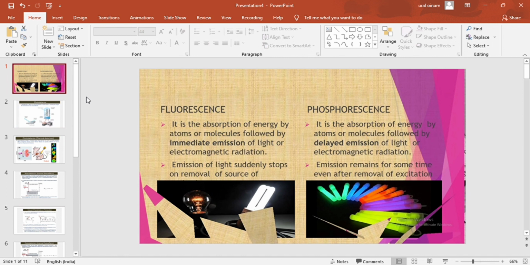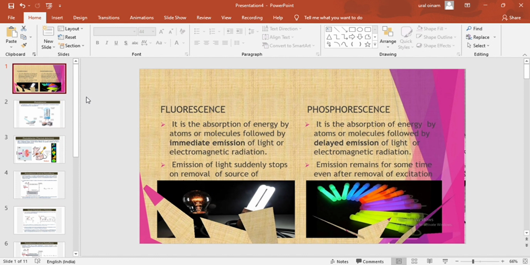The key difference between fluorescence and phosphorescence is that in fluorescence, the emission of light itself stops suddenly when the source of the light is removed. So we have a material, and we shine some radiation like UV radiation or any light onto it, and once we remove it, the fluorescence will stop immediately. But in the case of phosphorescence, it is not the case.